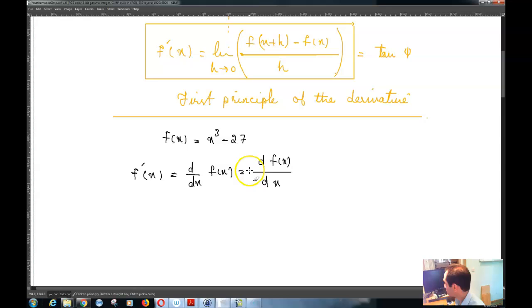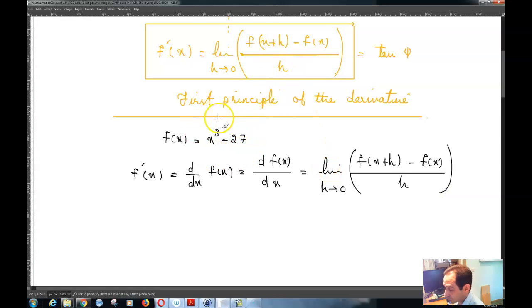Any notation you could use, that is equal to the limit of f of x plus h minus f of x over h as h tends to 0.